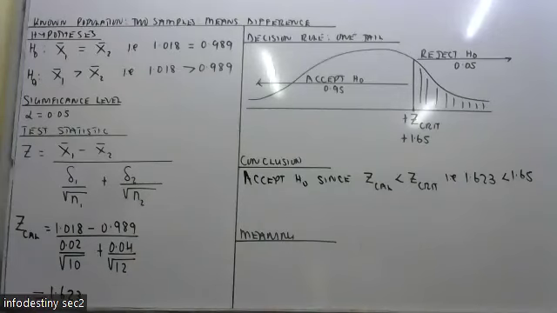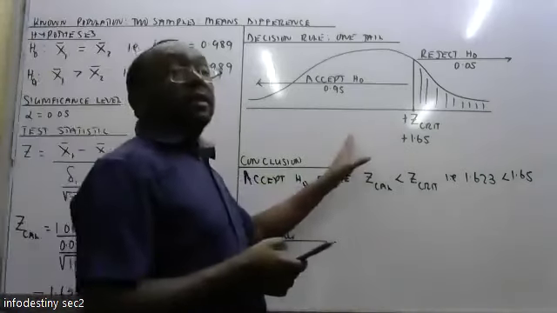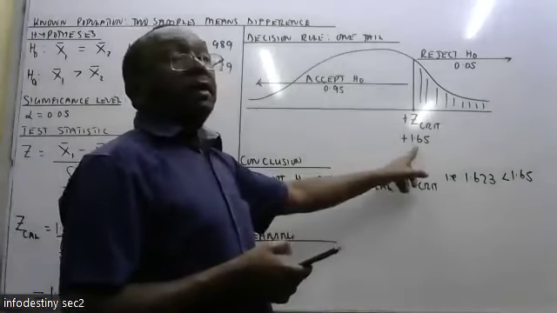Why are we accepting? Because C iko chini 1.62, C iko inside. It's 1.65 ni hapa.